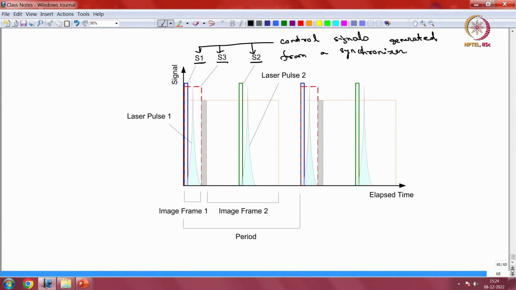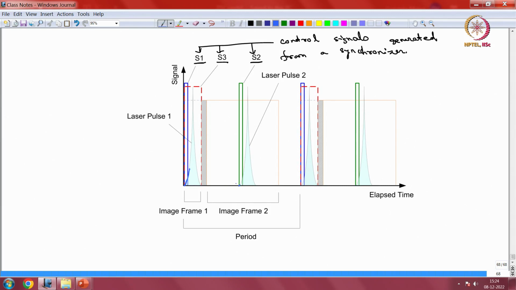Once they are generated, it triggers a laser pulse. So you can see that the beginning of the laser pulse happens when the first signal is triggered, which is basically some voltage that is usually given, and the laser operates.